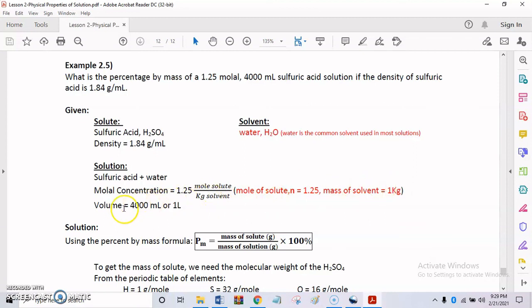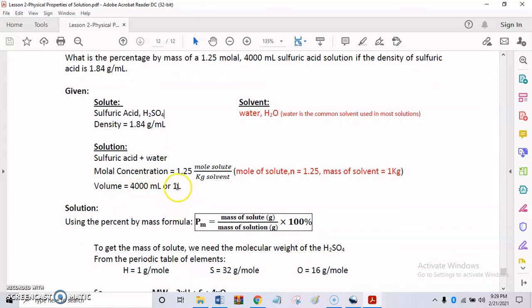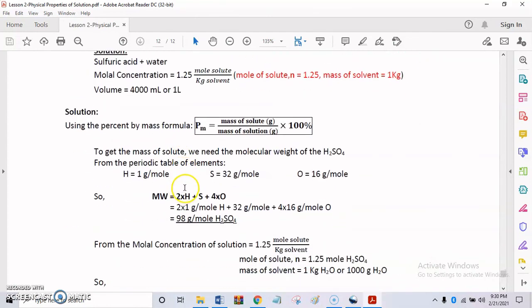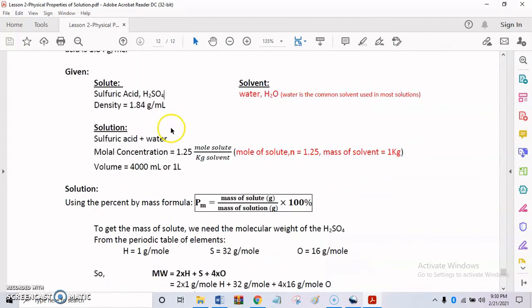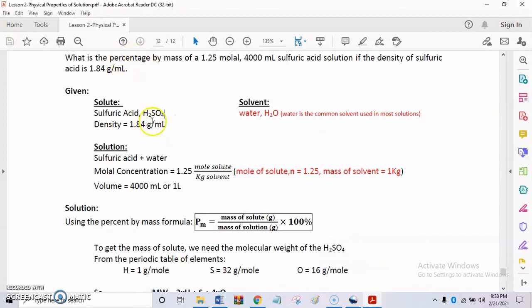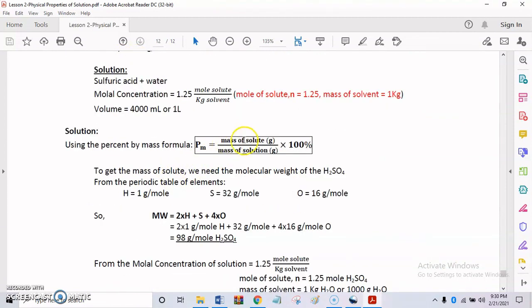Volume of the solution is 4,000 ml or 4 liters. Solution using the percent by mass formula. Kasi yung tinatanong is percentage by mass. Mass of solute over mass of solution times 100%.